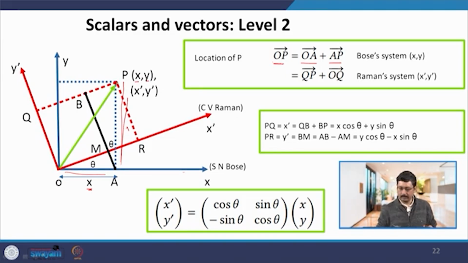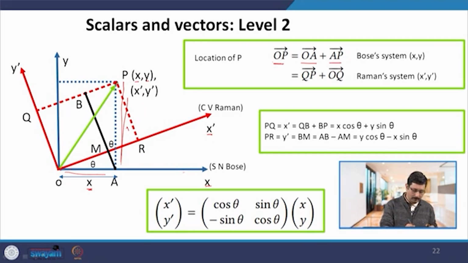Now, his friend C.V. Raman can do the same thing, but suppose that he chooses a different orientation of the coordinate system. He chooses this as the direction of the x axis, which is denoted as x prime to make it different from x, the blue one, and we denote this as the red coordinate system.